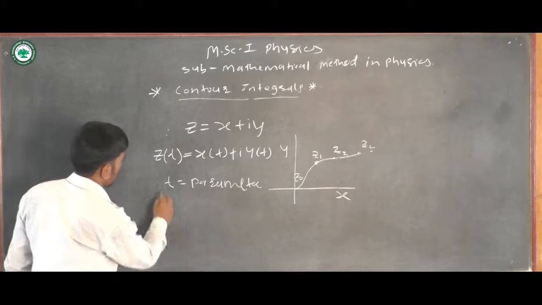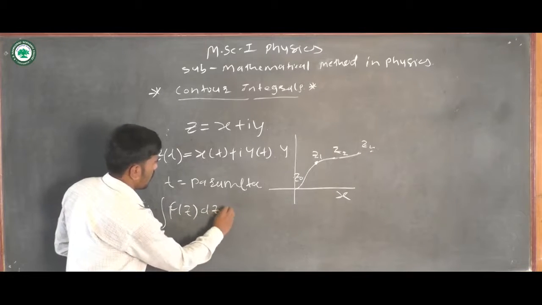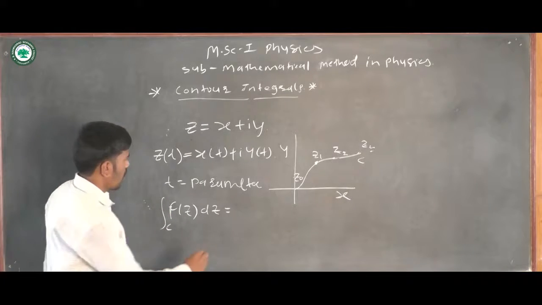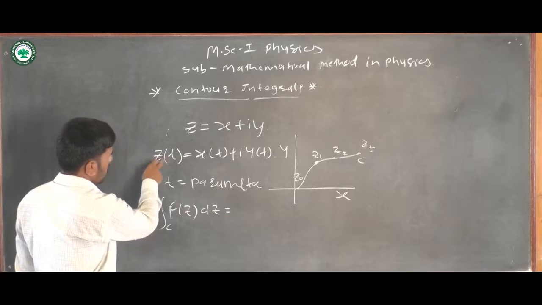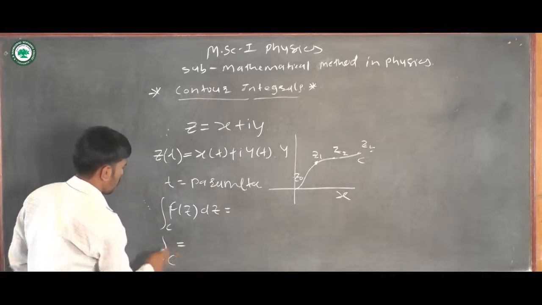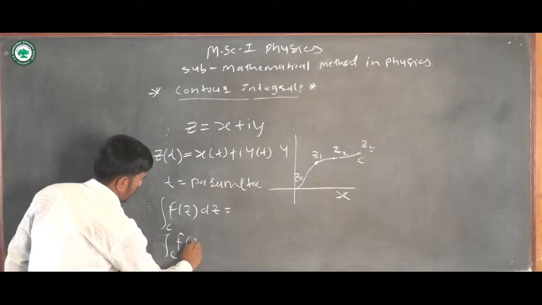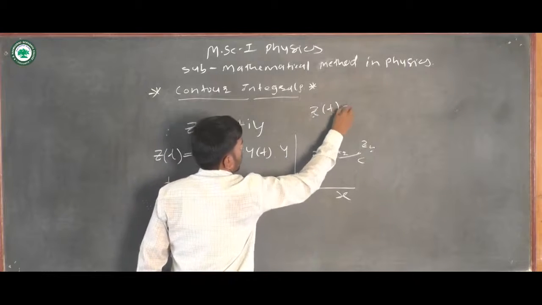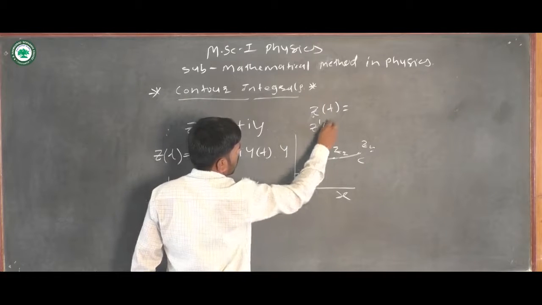If we take the integration of these functions, that is the integral of f(z) dz along this curve, this is the integral over C of f(z) dz. Since z is a function of x and y, if we write it in terms of t, only t is the variable. So the integral over C of f(z(t)) dz, and we know that the derivative gives dz equal to z dash t dt.